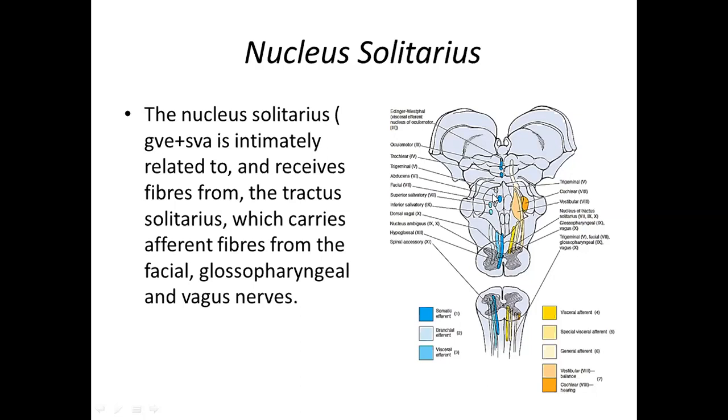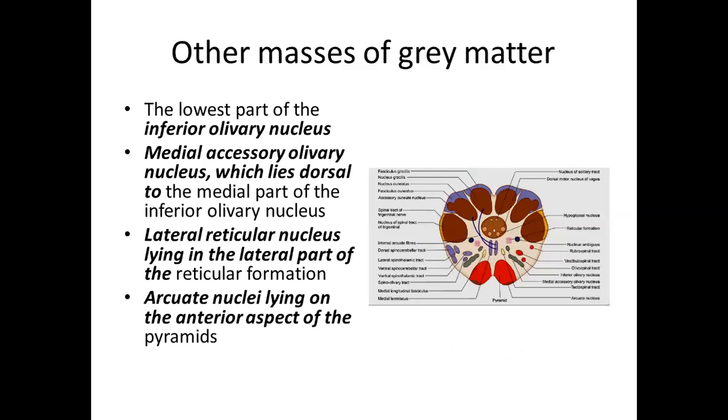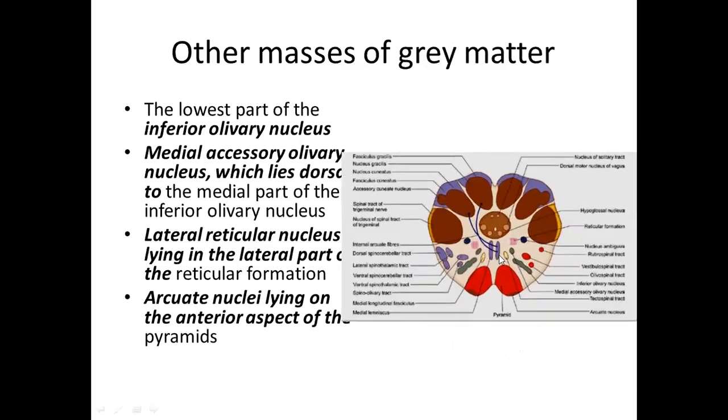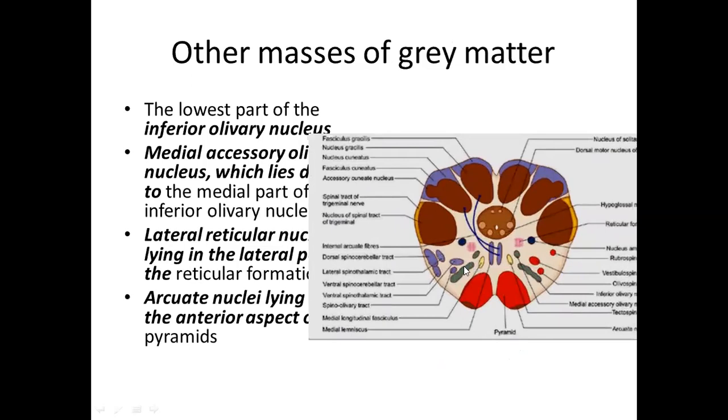In the gray matter at the level of the sensory decussation, we will see the hypoglossal nucleus most medially, the dorsal motor nucleus of the vagus, the nucleus tractus solitarius, and the spinal nucleus of the trigeminal nerve. Then the other masses of gray matter which you will see over here are the inferior olivary nuclear complex, which is the displaced pontine nucleus, then the medial accessory olivary nucleus, then the lateral nuclear complex lying in the white matter, the reticular activating system.